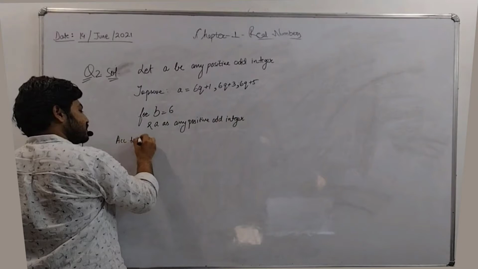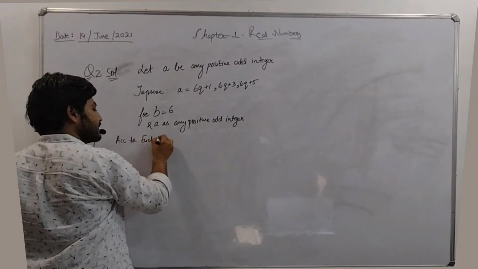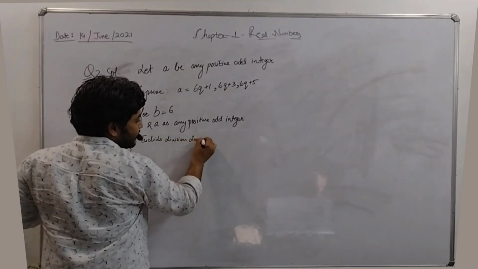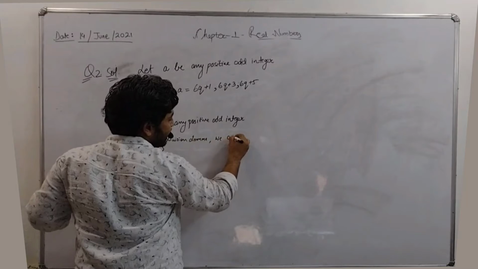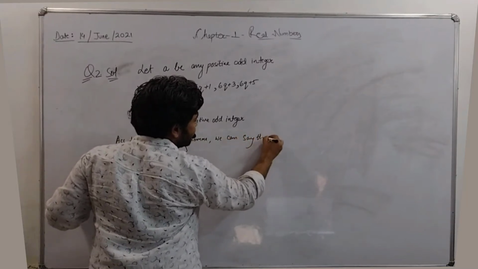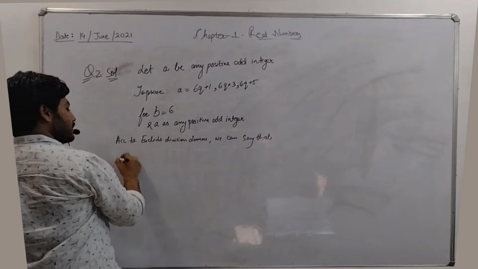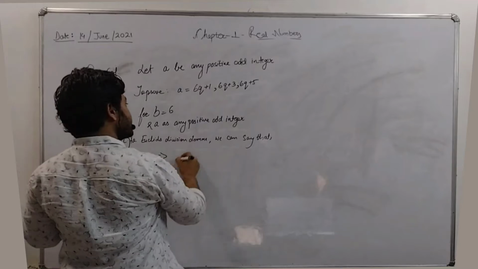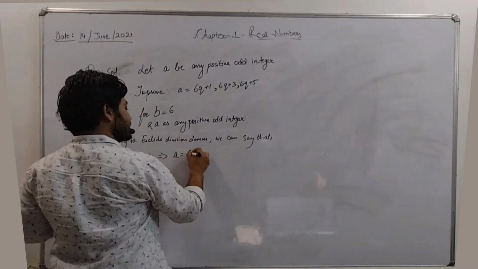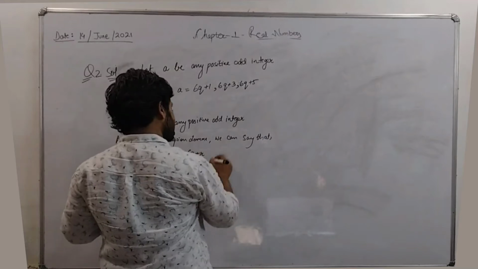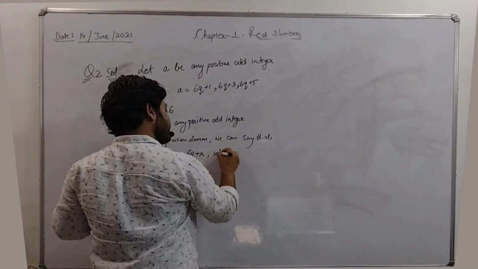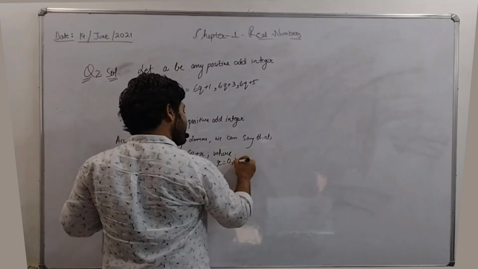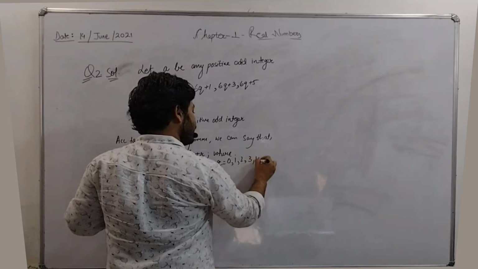According to Euclid's division lemma, we can say that a is equal to bq plus r, and here we have a is equal to 6q plus r, where r is equal to 0, 1, 2, 3, 4, 5.